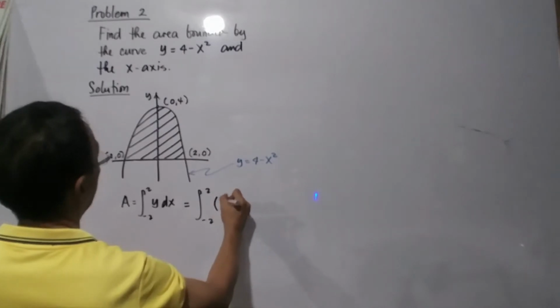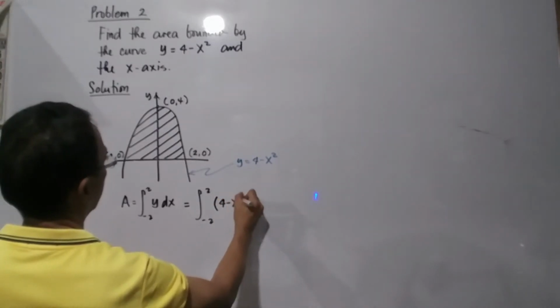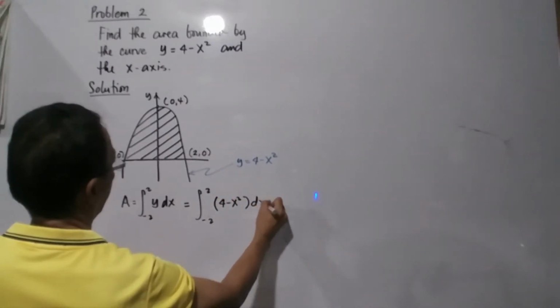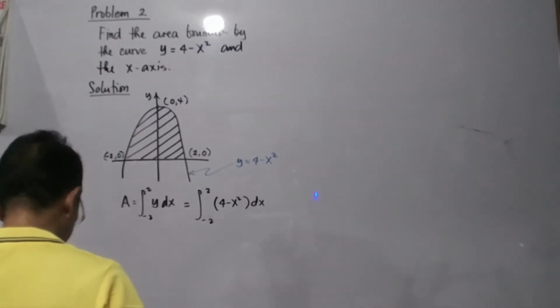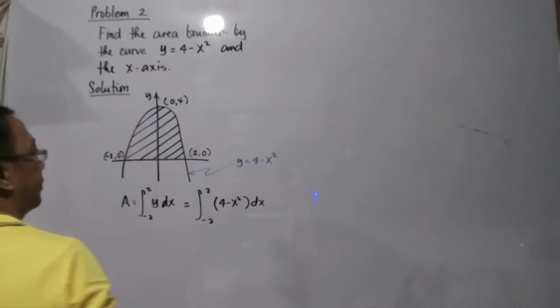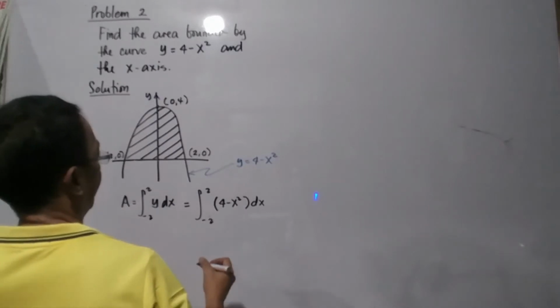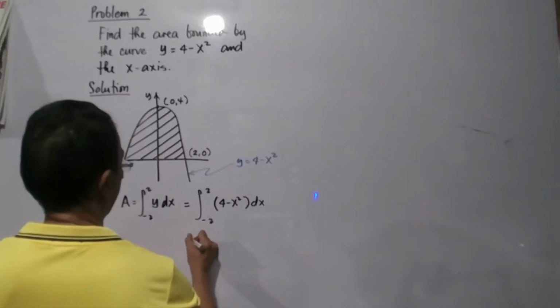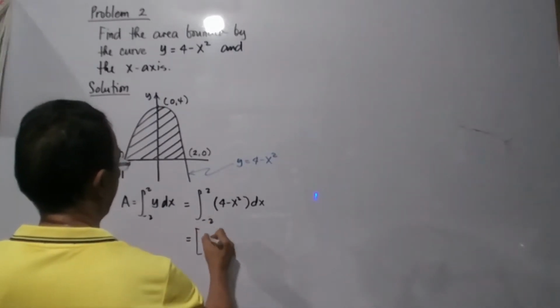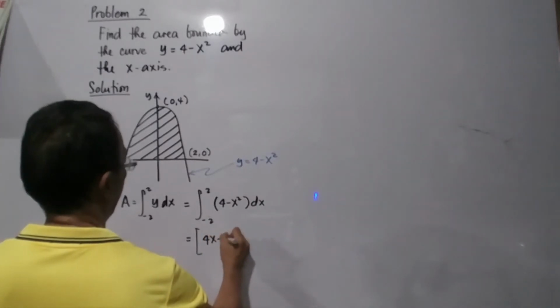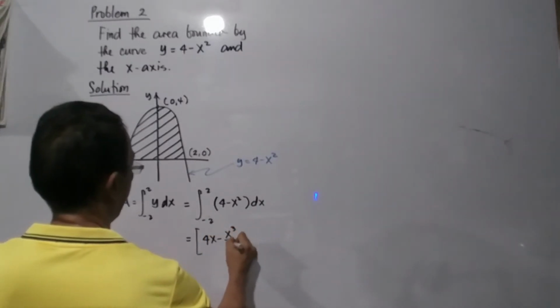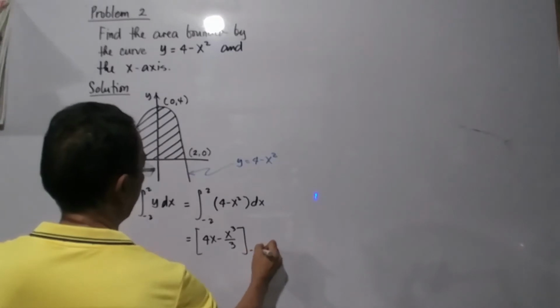Your y is 4 minus x squared dx. Apply integration, you have 4x minus x cubed over 3 from -2 to 2.